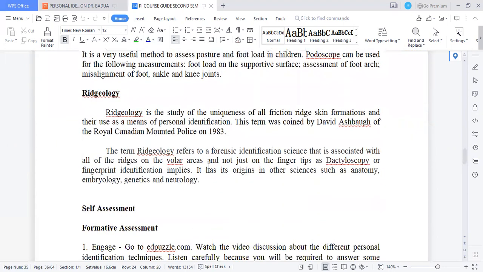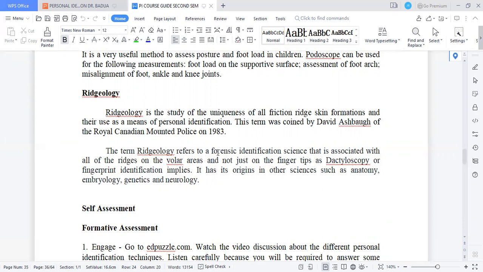So radiology, it is the study of uniqueness of all friction ridge skin formation. So the different ridges that appear on the fingerprints, and this was also coined by David Ashbaugh. Actually, in radiology, there are different processes to consider for you to examine the presence of ridges. And the ridges are the things that would make the fingerprint unique from each other.